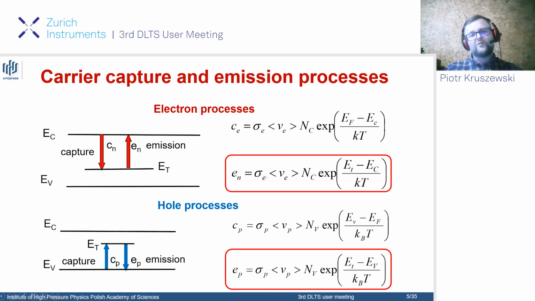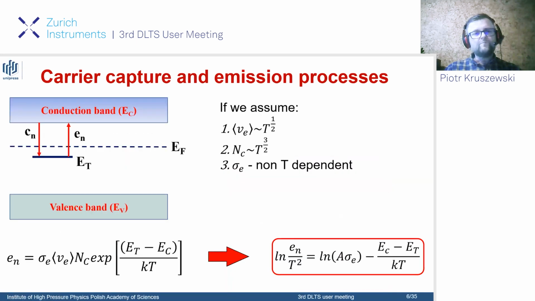So we have the capture cross section, thermal velocity, density of states, and also, of course, the trap distance from the conduction band if we are talking about electrons in n-type material. And of course, there is the contribution from temperature. All of this is exponentially dependent. So this is very important. Similar equations can be obtained for holes and can be easily found in any books and papers.